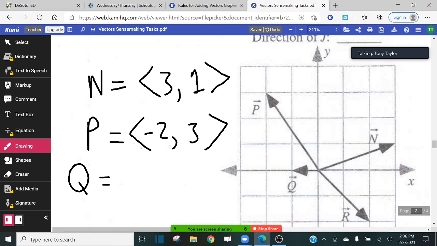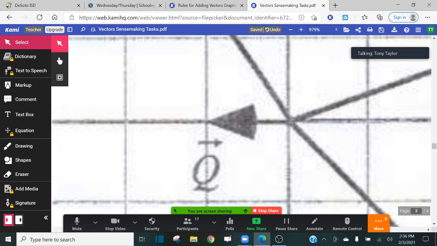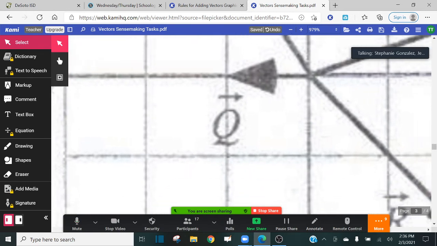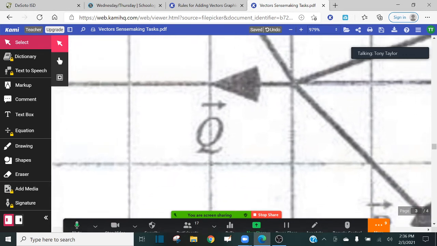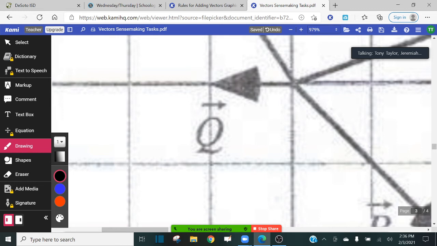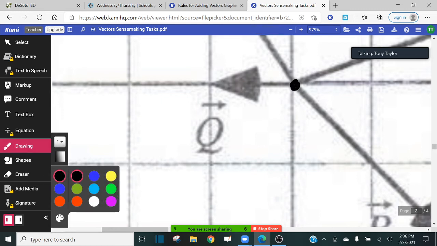What is Q? Guys, y'all should be able to look at Q and see what that is. I'm gonna zoom in on Q. What do y'all think? -1. Yep, -1 what? 0. -1, 0, exactly. Because remember, this is my starting point, and this tip here's my ending point, right? So in order to go from here to here, I have to move in the negative x direction.